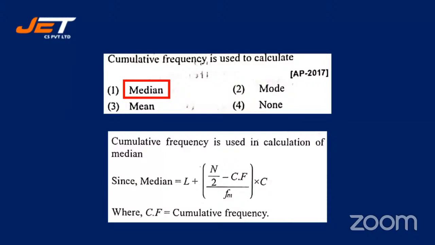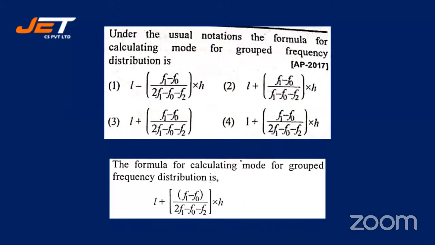All right, because we have a formula here. Median is equal to L plus n by 2 minus cumulative frequency by Fm into C, whereas CF stands for cumulative frequency. So only for median we calculate cumulative frequency. All right. Yes. See, next is also formula based. Under the usual notations, the formula for calculating mode for grouped frequency distribution is dash.